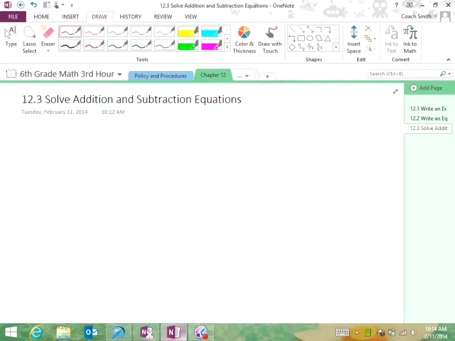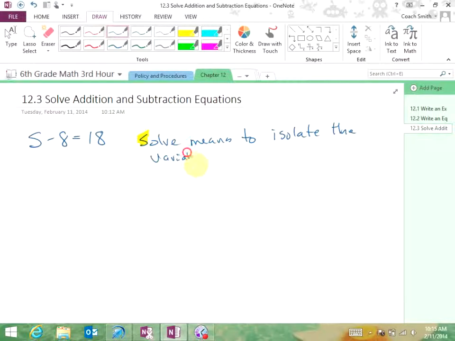All right, 12.3. Solving addition and subtraction equations. Okay, so, for example, they want us to solve this equation, and what it means to solve means to isolate the variable on one side of the equation.